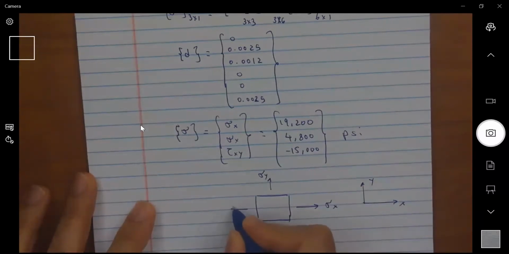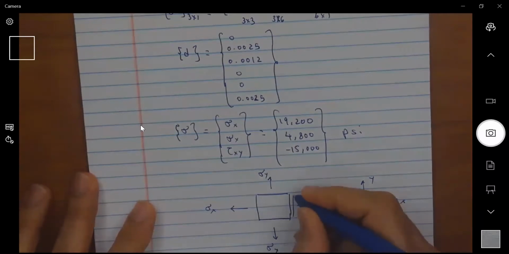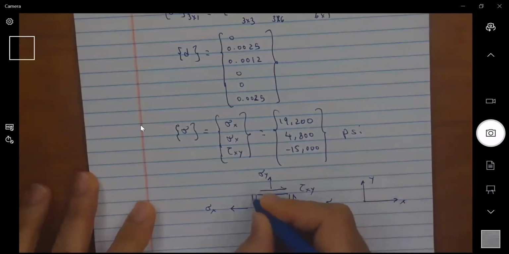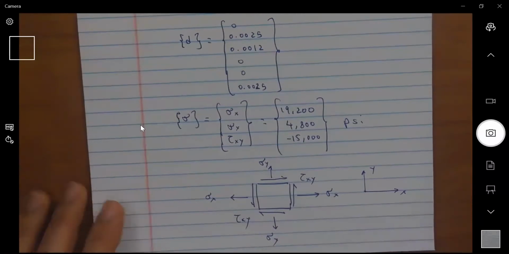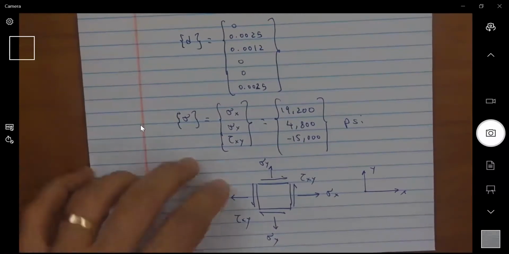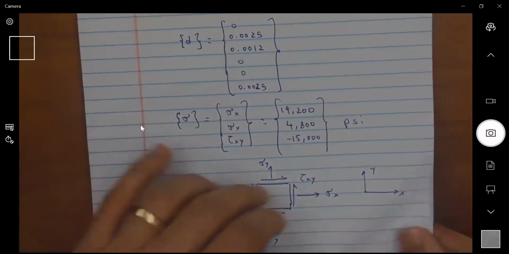Similarly, sigma x and sigma y, right? And my tau xy, and I'm showing them all in the positive directions. So this represents a state of stress at a point. But we are also asked to find the principal stresses and the principal angle theta p.